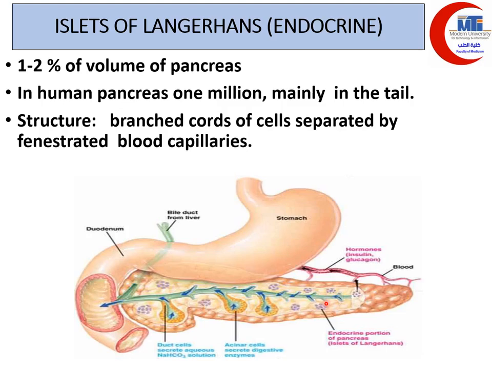These islets contain fenestrated capillaries to release their hormones directly into these capillaries to reach the blood circulation.